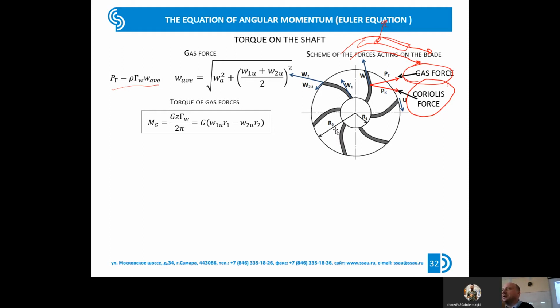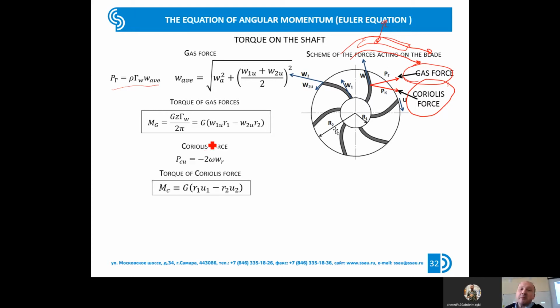For me, it's very hard to explain what the Coriolis force is, but you must study it in theoretical mechanics. If you try to remember theoretical mechanics, or read a theoretical mechanics lecture, maybe you will understand this force better. Unfortunately, I don't clearly remember the physical meaning of this force, and I hope you have some knowledge of it from theoretical mechanics.